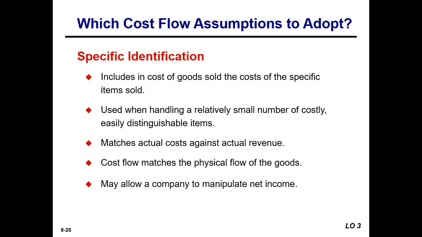When inventory handling is a relatively small number of transactions. It matches actual cost against actual revenue. And again, it's not very practicable for a company that has a larger number of transactions or a large inventory turnover, right?